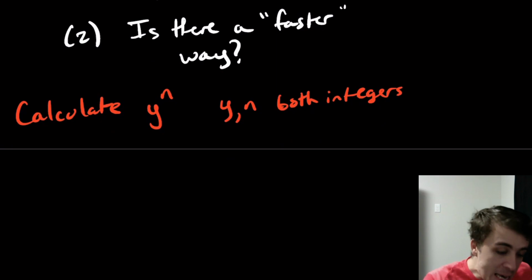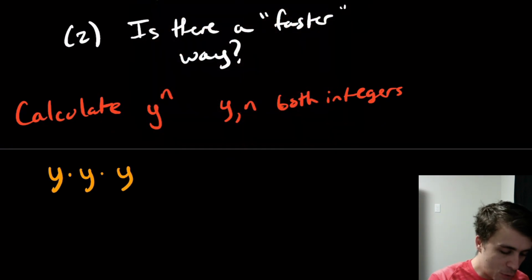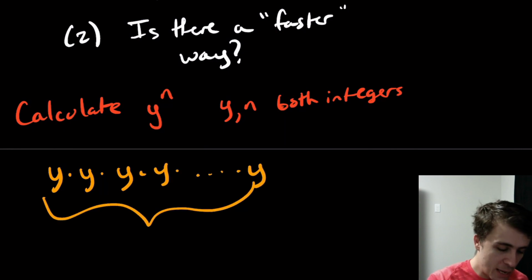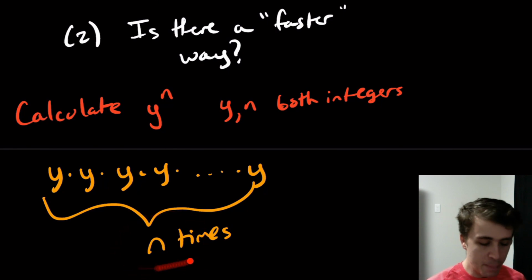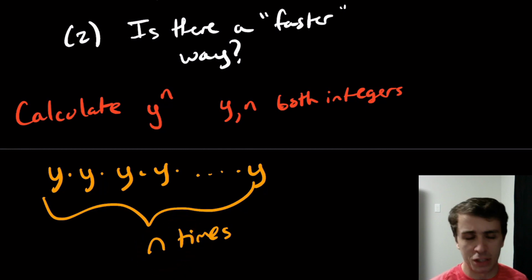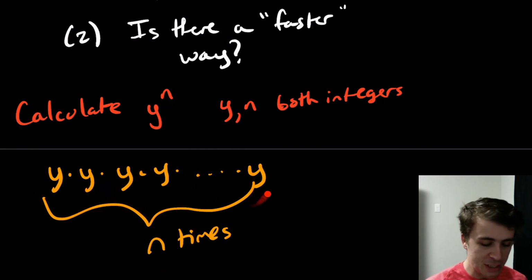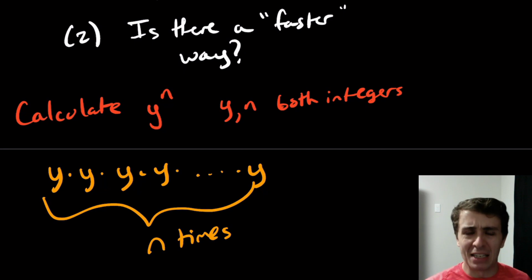The naive thing to do is just to say y times y times y times y times y, and do that n times. And assuming, although this is a bad assumption, that each multiplication can take constant time, this is a big O of n time algorithm, obviously, because each one takes constant time. Again, that's a bad assumption.